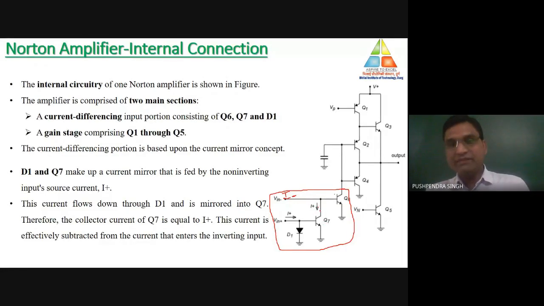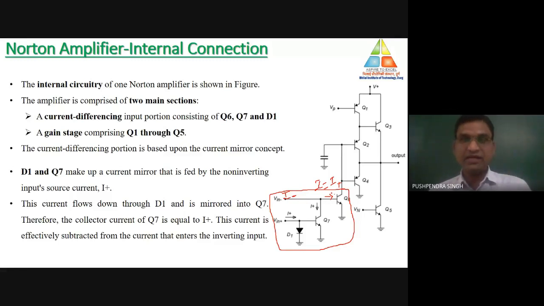When some part of the current flows across transistor number 7, what is the value of current at the base terminal of Q6? That will be I minus of I plus. This is called current differencing. I minus of the I plus, that amount of current, will be fed to the base terminal of transistor number 6.